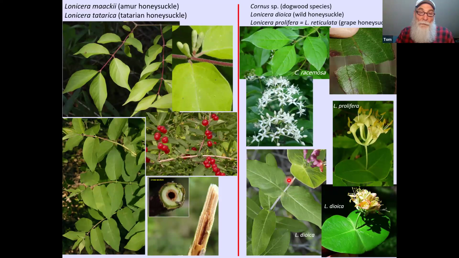They also have the opposite leaves that Loniceras have. But the other very distinguishing feature on the native Loniceras is that you'll see these opposite leaves throughout much of the plant, but when you get towards the top of the plant, the last pair or last couple pairs of leaves are basically perfoliate. They are joined at the base, like in cup plant, basically.